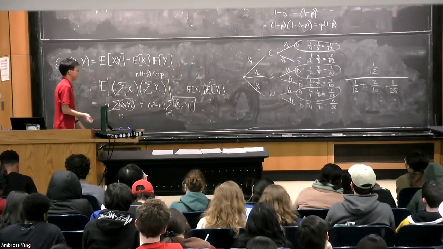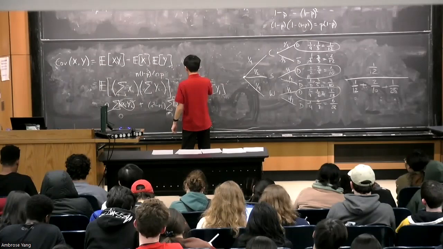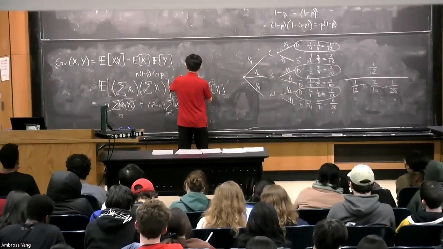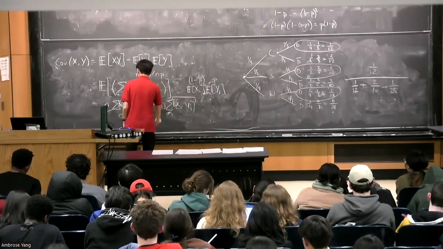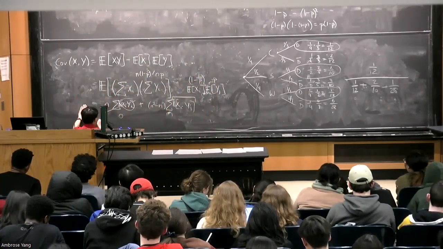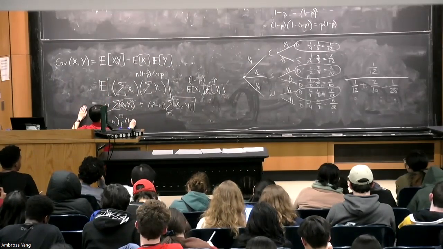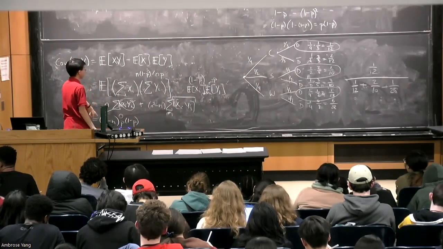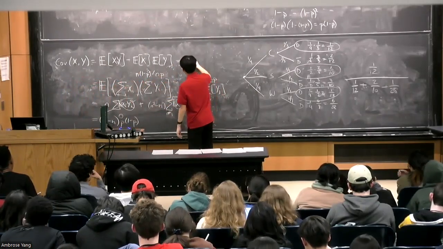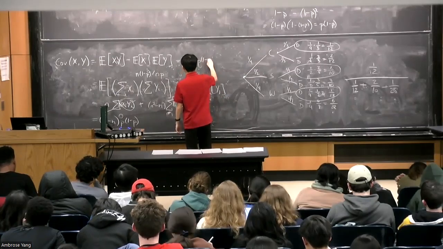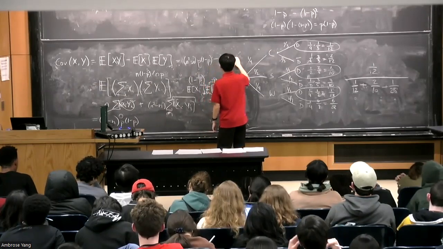E of xi we've calculated, it's 1 minus p, and for yj it's p. So this gives you n squared minus n times p times 1 minus p. In total, I have n squared minus n, p times 1 minus p, and here I have minus n squared p times 1 minus p.